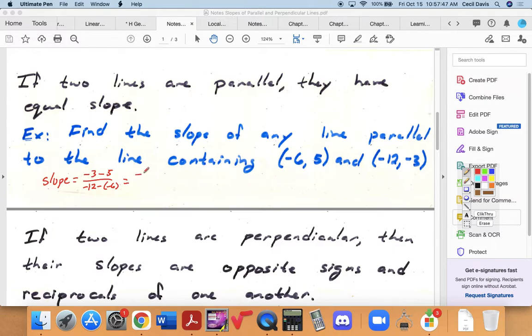So it's negative 8 over negative 6. What does that reduce to? 4/3. So the slope of the parallel is also equal to 4/3.